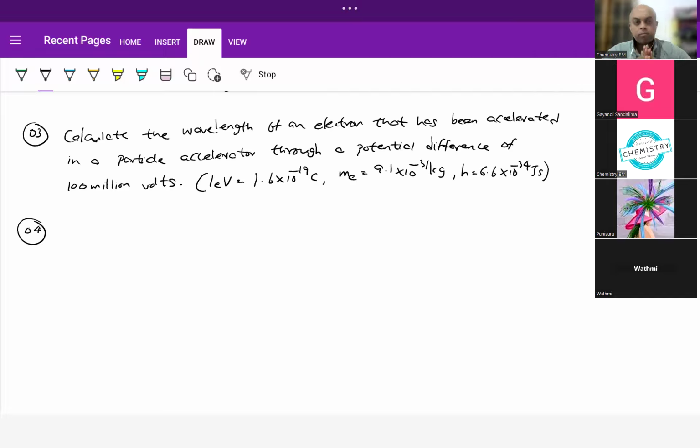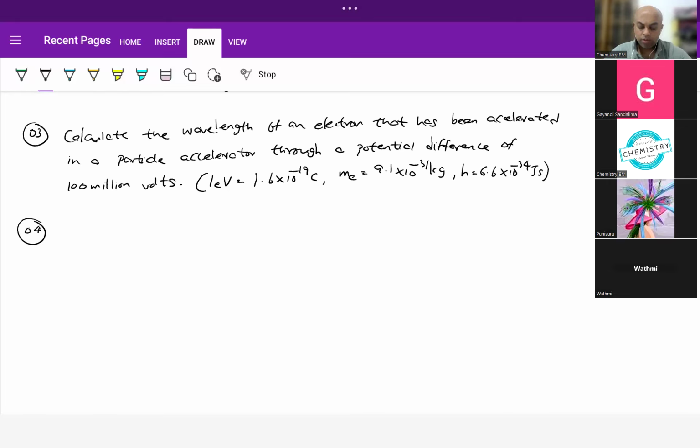The question is, if I repeat: calculate the wavelength of an electron that has been accelerated in a particle accelerator through a potential difference of 100 million volts.